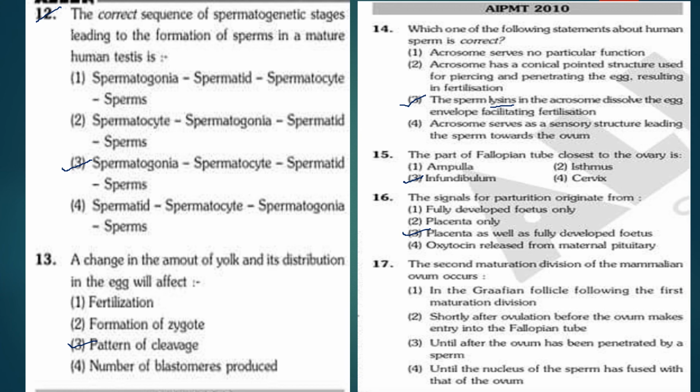The second maturation division of the mammalian ovum occurs when it is being penetrated by the sperm. The complete maturation division will be completed because its cell cycle is arrested in metaphase 2. So this is the correct one.